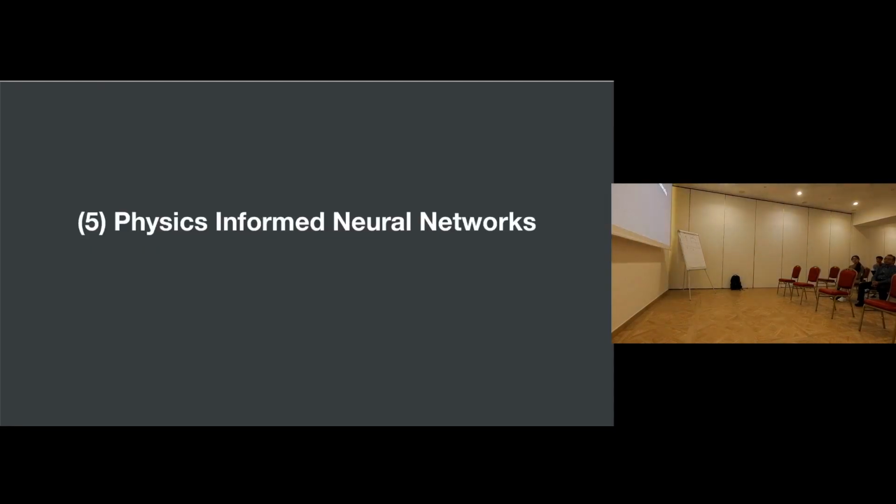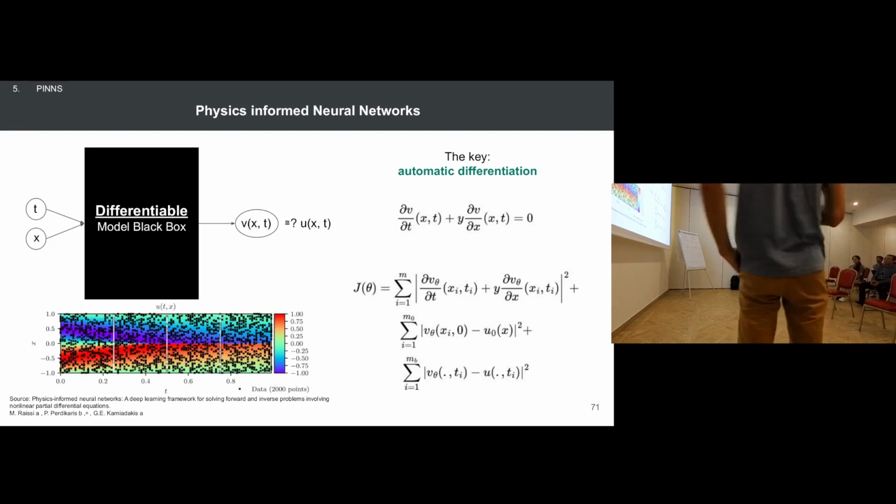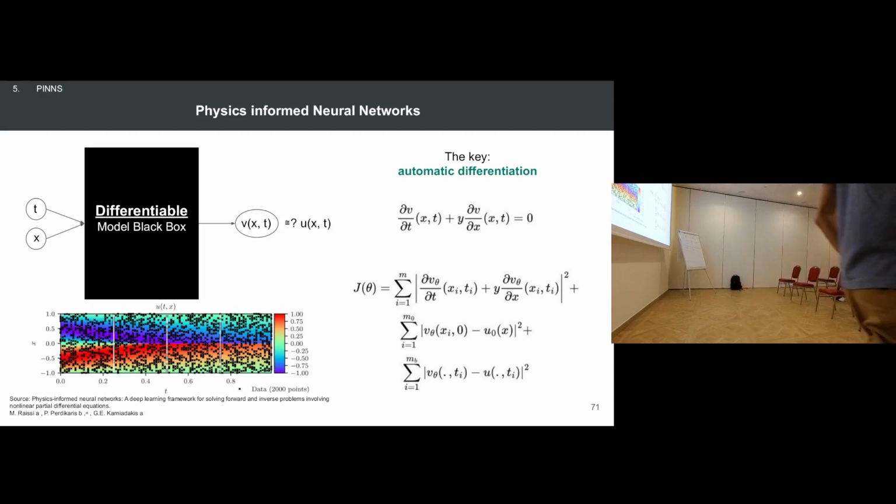Okay, good. So now, physics informed neural networks. All this introduction was because this technique, this way of approaching solving forward modeling or inverse problems, is not the same philosophy that we explained before.